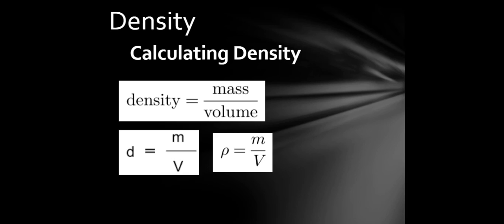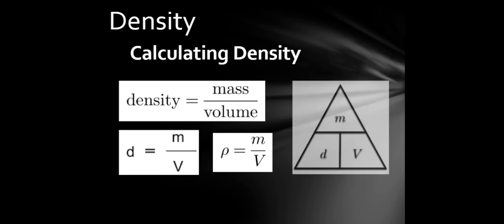So you may see the formula as D equals M over V, or you might see it as rho equals M over V, and both of them are actually correct. We're going to use this triangle in order to calculate density, because density equals mass over volume. At the same time, that means that volume equals mass over density, and that mass will equal density times volume. So that's how we use that triangle.